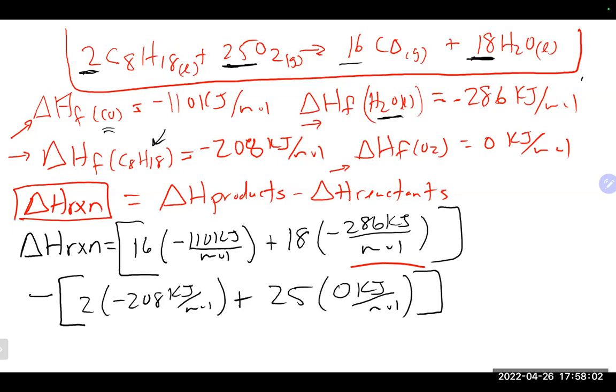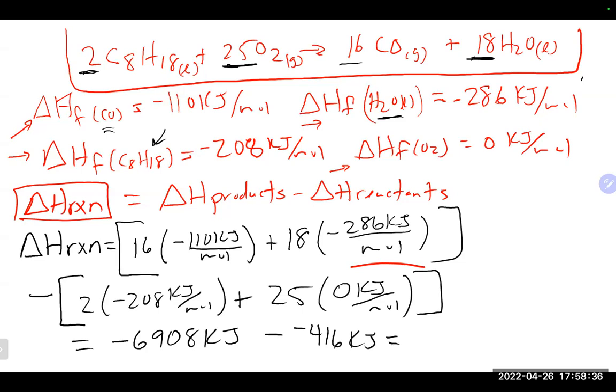So we'll take 16 times negative 110 plus 18 times negative 286. So for our product side here, we get something like minus 6908 kilojoules, and that will then be minus our reactant side, which looks like 2 times negative 208 equals minus 416 kilojoules.